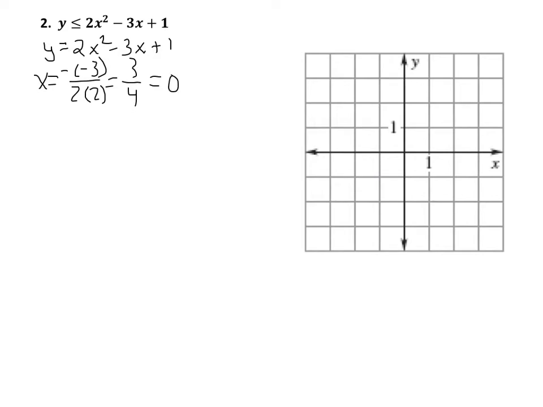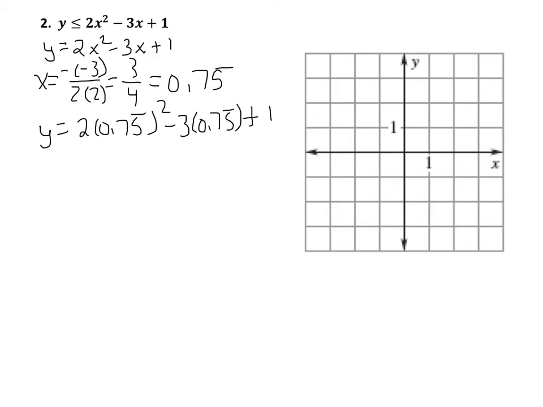Or if you want to, you can use a decimal here. Remember, plug that back in. y equals. Do not round anything, though. So go ahead and calculate that. I got negative 0.125.